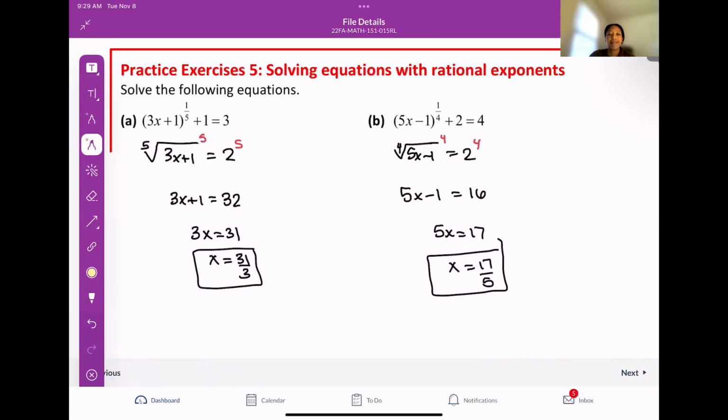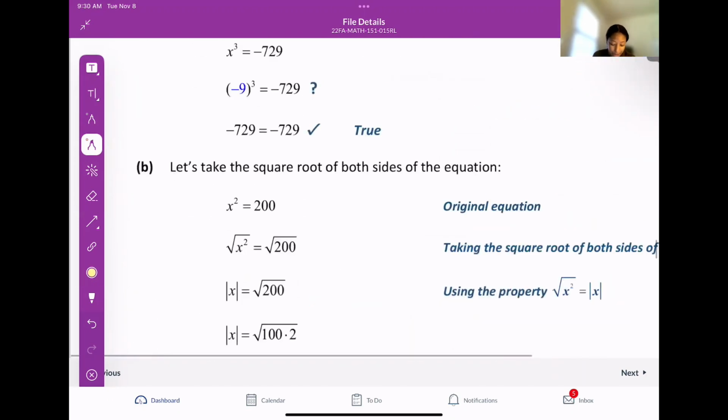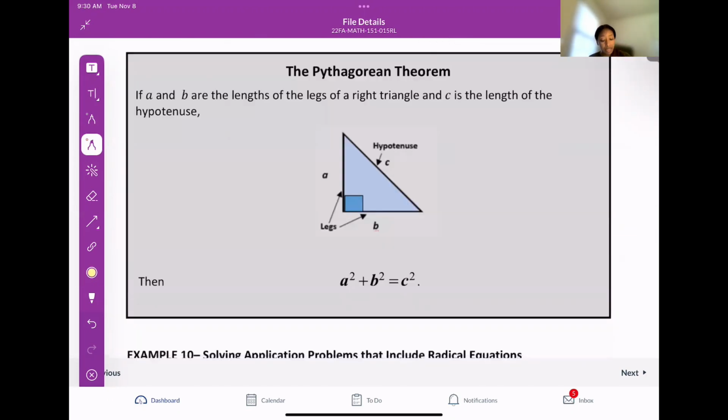All right, team. Last type of problem that we're going to look at is an application problem where we have to use the Pythagorean theorem to help us solve. So please do recall the Pythagorean theorem.